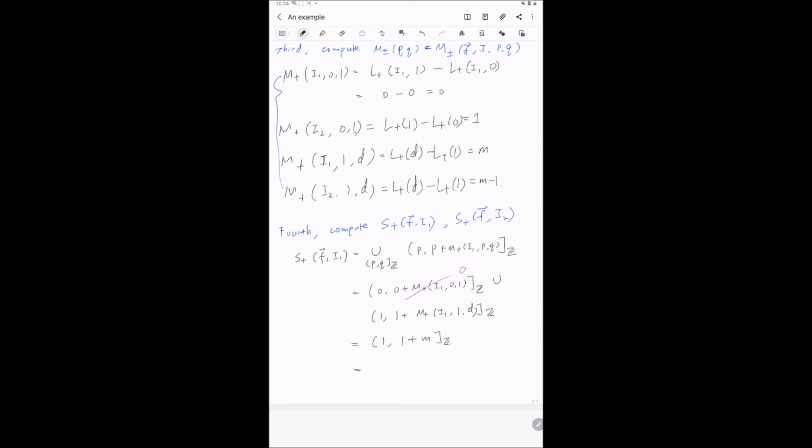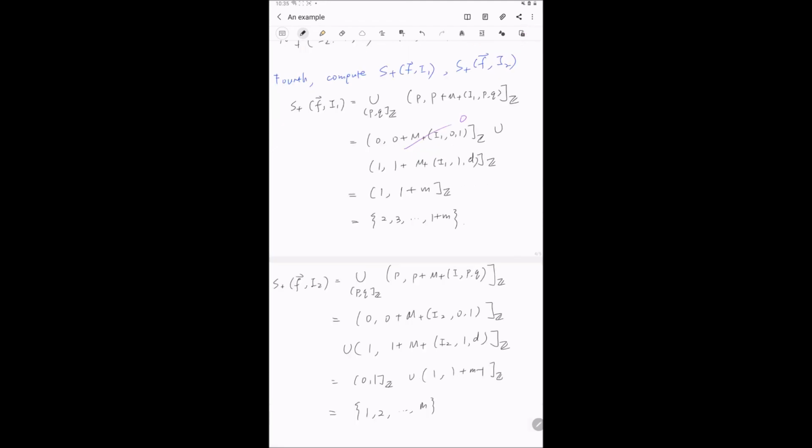So what we get at the last are the integers 2, 3, all the way to 1 plus m. And you can similarly compute S plus of f, I2. And this yields the integers from 1 to m.